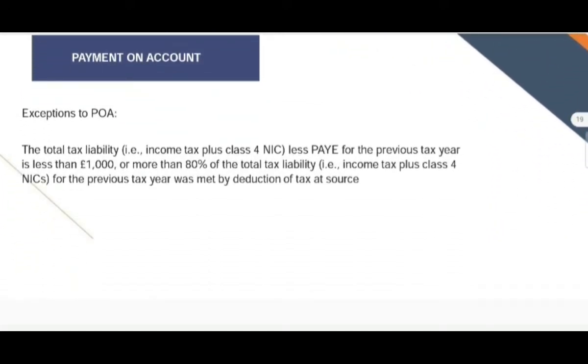Exceptions to payment on account: in case the total tax liability less Pay As You Earn for the previous tax year is less than 1000. For example, the previous year's total tax liability is 10,000 and tax deducted at source, or Pay As You Earn, is 9100.